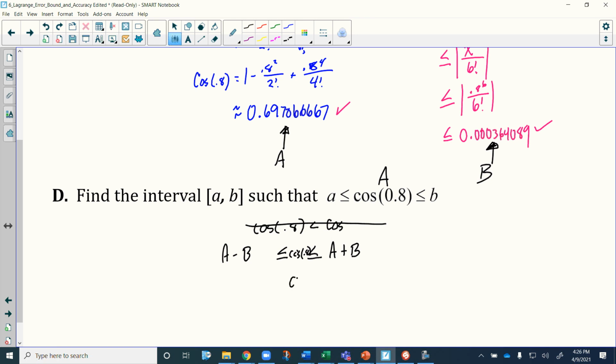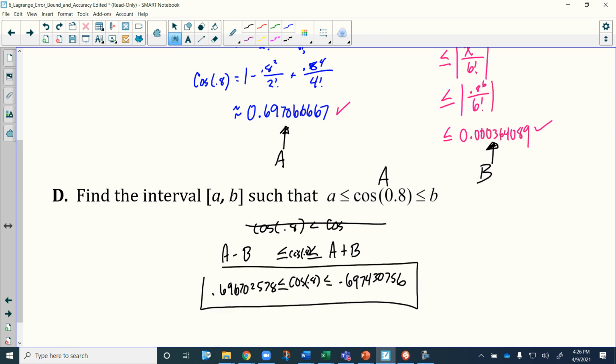That gives me cosine of 0.8 less than or equal to 0.697430756, but greater than or equal to 0.696702578. And that is the interval that we could say we're accurate to.